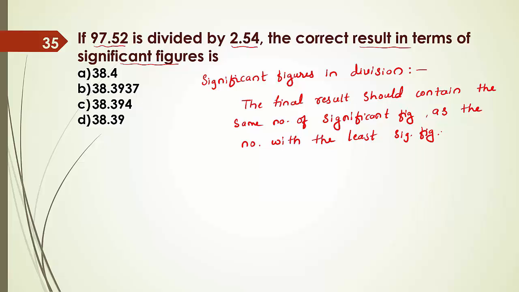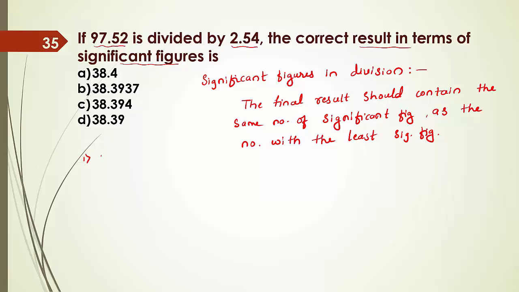This statement you have to remember before going to calculate. What is the statement? The final result should contain same number of significant figure as the number with the least significant figure. So which are the given numbers?